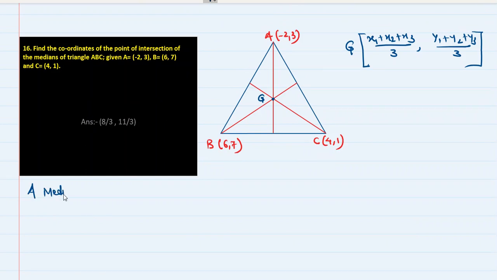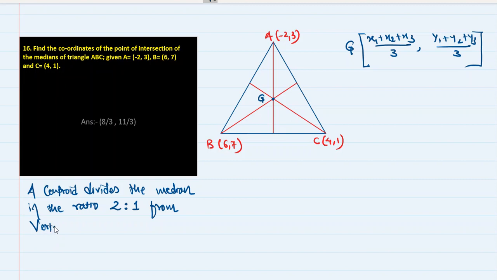A property of the centroid, which is the point of intersection of all three medians: the centroid divides the median in the ratio 2 is to 1 from the vertex to the opposite side.